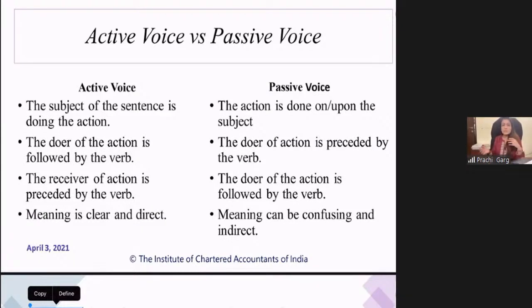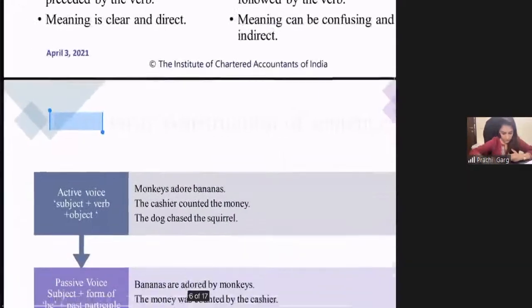So if you ask for my suggestion, professionally or personally, one should try to use active voice. But passive voice has its own benefits and advantages. We will discuss them when we start with the passive voice in detail.